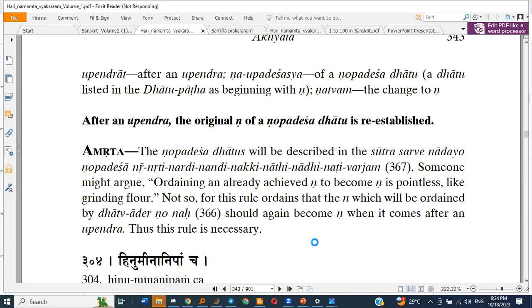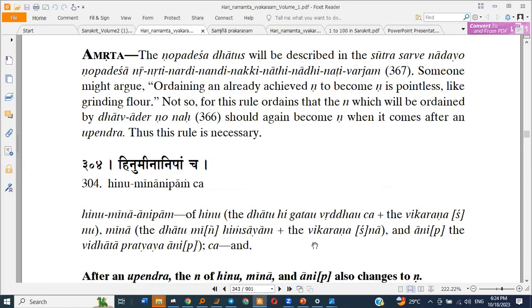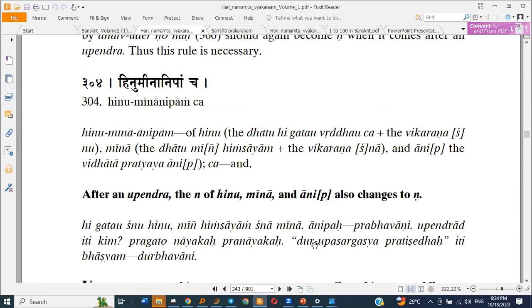Okay. Then Hinu Nina Nipangcha. After an Upendra, the Hinu, Meena, and Anip also change to Na. So this Hinu and Meena are not names of someone. These are the dhatus and the vikarana.